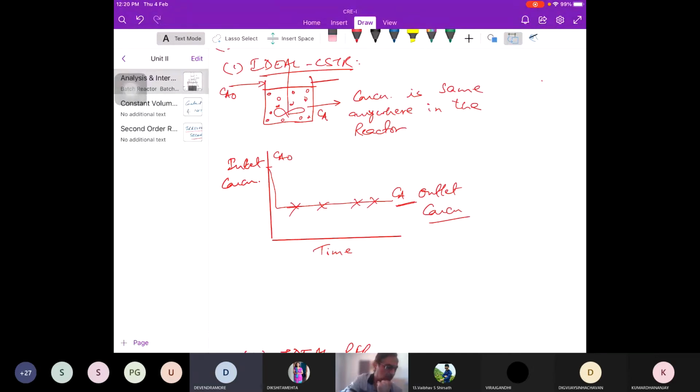This is CSTR, the reaction time, right? Or time in the reactor. Let's say time in the reactor. You'll see that it is called residence time. Suppose in the reactor it is there for 10 minutes.